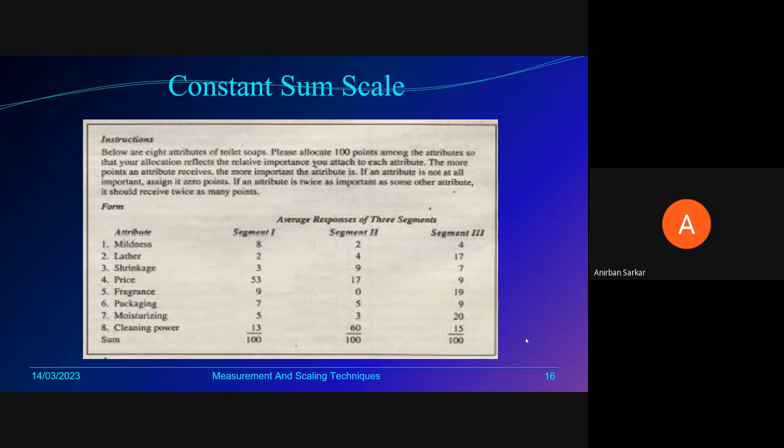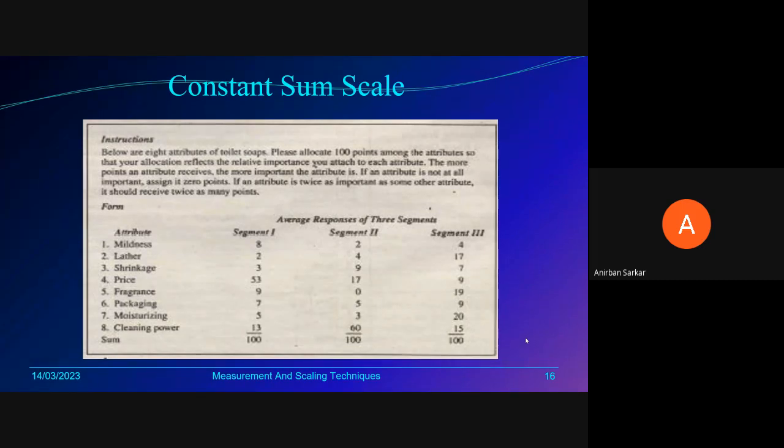So more or less, you can say this will be interval data, but not ratio scale data. Why? Because generally it is very tough to put a 0. Here you can see in segment 2 only one has put 0, but it does not give a true meaning or true origin.